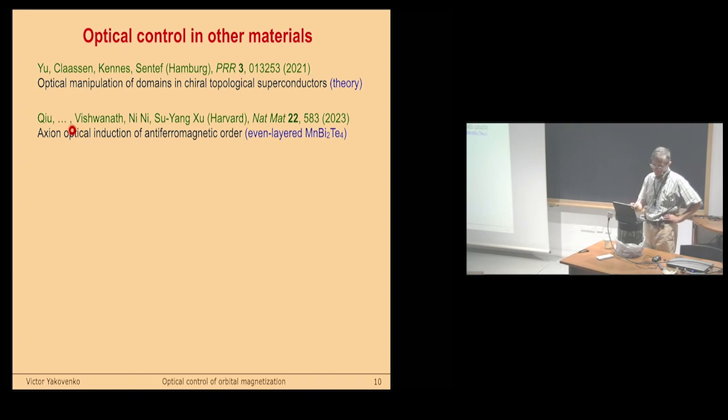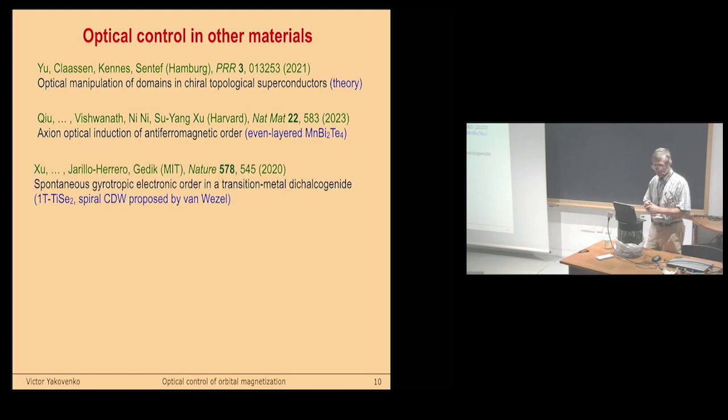It was demonstrated experimentally by the group at Harvard that this system has a non-zero magnetoelectric effect. This magnetoelectric effect has a sign, and the sign can be controlled by circularly polarized light. This was demonstrated in this paper, theoretically and experimentally. Okay, so I'll move on.